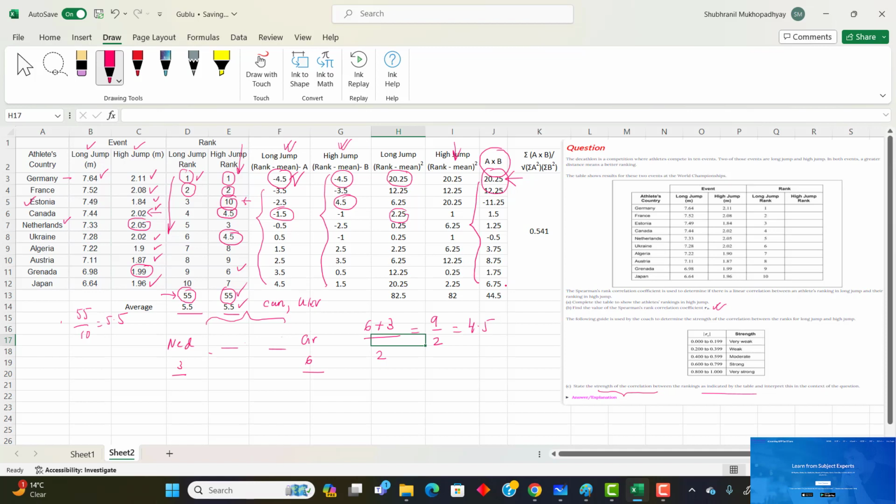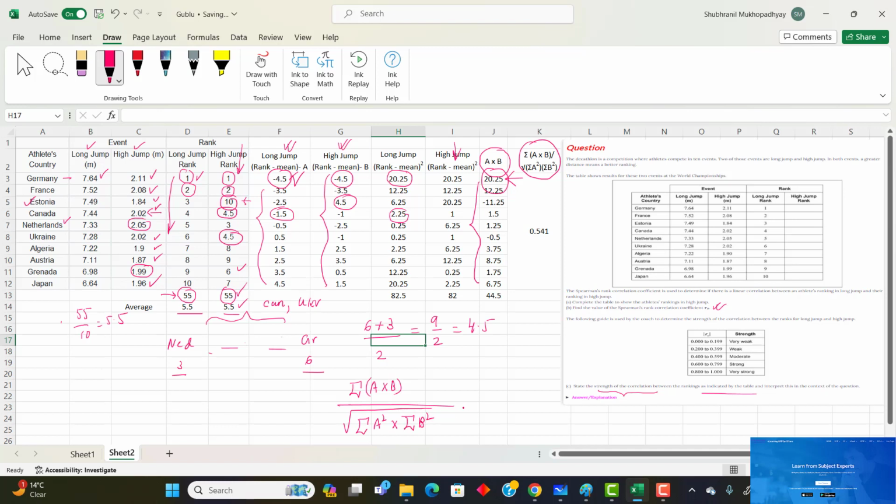To solve for the Spearman correlation coefficient, the final step is to use this formula over here. Let's understand the formula. It's called summation A multiplied by B divided by square root of summation A square multiplied by summation B square.